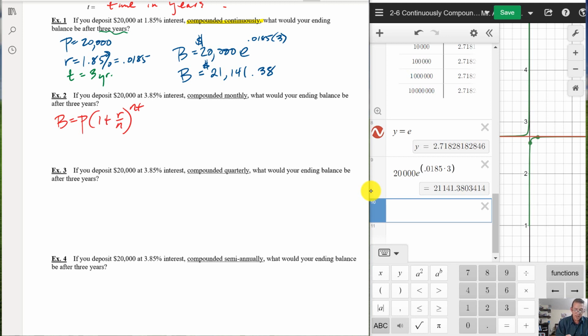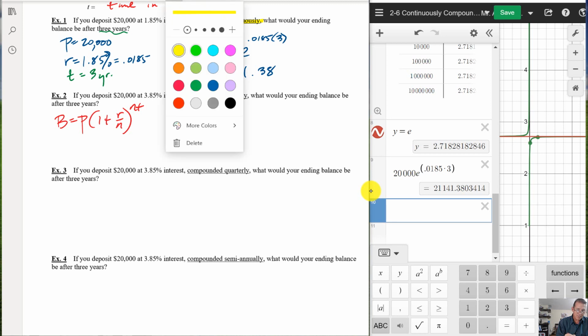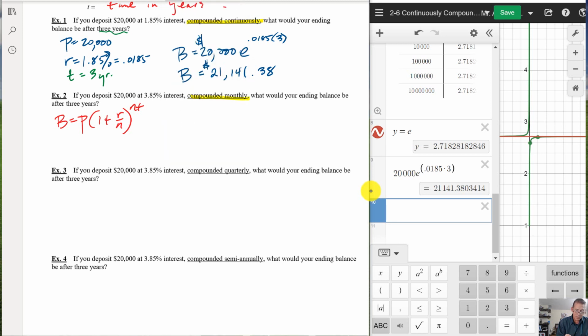When you compound monthly, that tells you what n should be. So we're going to do monthly, and then quarterly, and then semi-annually, and we're going to compare the values. Now, if you do it monthly, n is 12. When you do it quarterly, n is 4. When you do it semi-annually, n is 2, because there are 2 semi-annual periods, since these are 6-month periods.